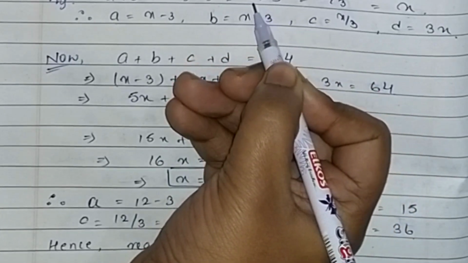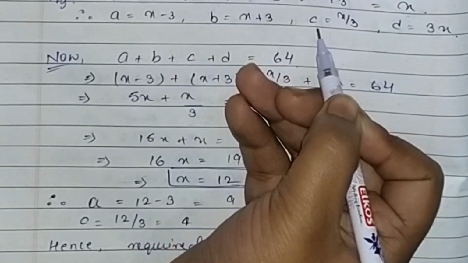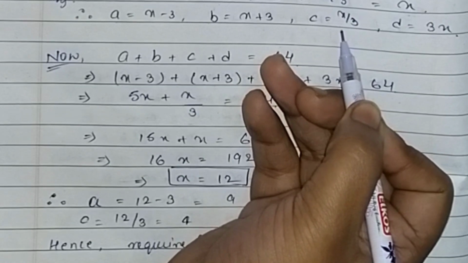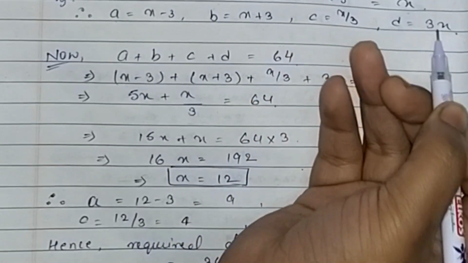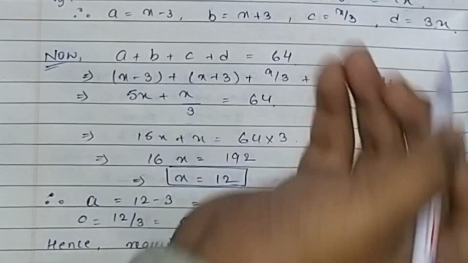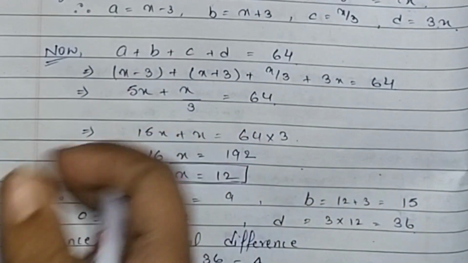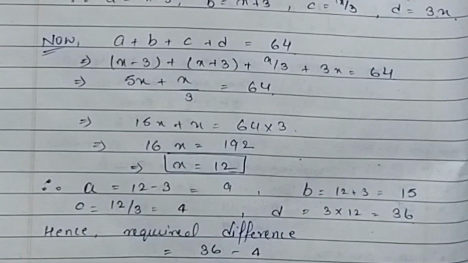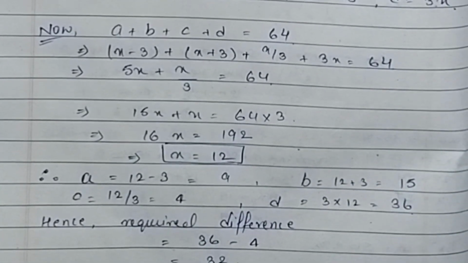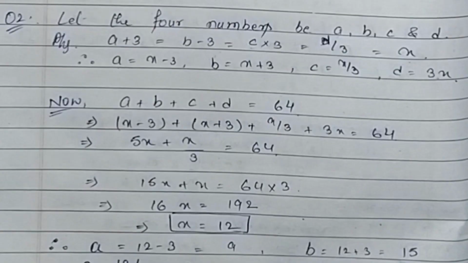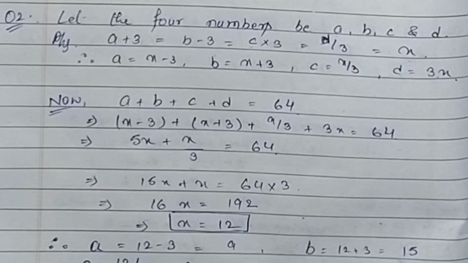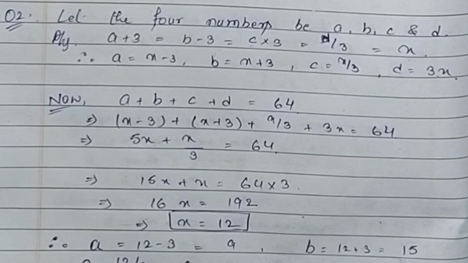Then we will have the value of C and D also. C will be x divided by 3 and D will be x multiplied by 3. So from the given conditions, we have found the values of A, B, C and D in the form of x. Still we don't know what the actual original numbers are.